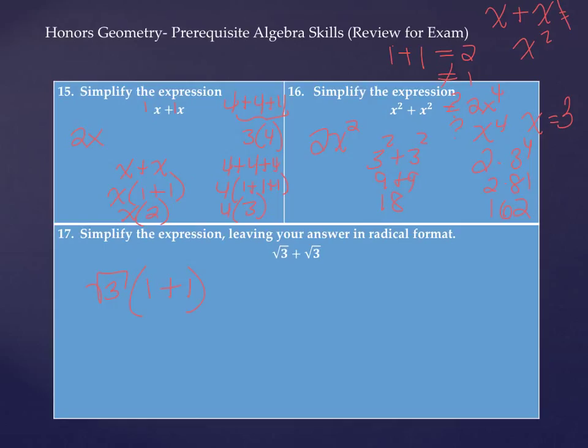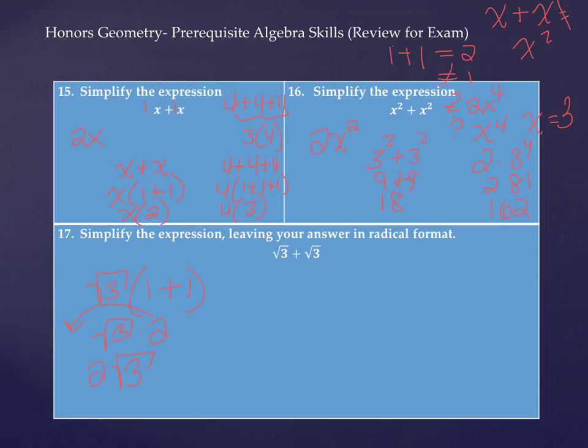So if I use the distributive property in reverse, I would end up here with square root of 3 times the sum of 1 and 1. And I can simplify this to say that's the square root of 3 times 2, and by convention, we just put that number in front almost as if the square root of 3 were acting like a variable. So 1 square root of 3 plus 1 square root of 3 is 2 square roots of 3.